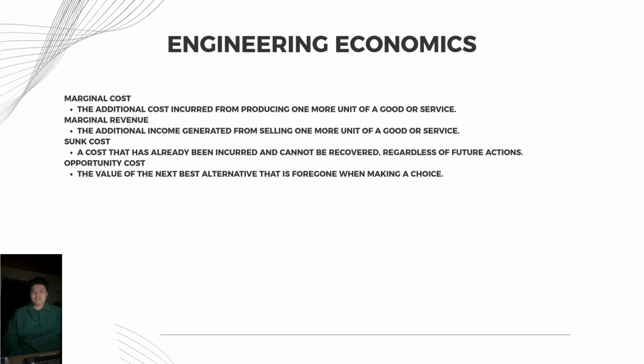A cost that has already been incurred and cannot be recouped is known as a sunk cost. This expense should not impact present or future decisions, but individuals sometimes fall into the sunk cost fallacy, continuing a project only because they've already put time or money into it.